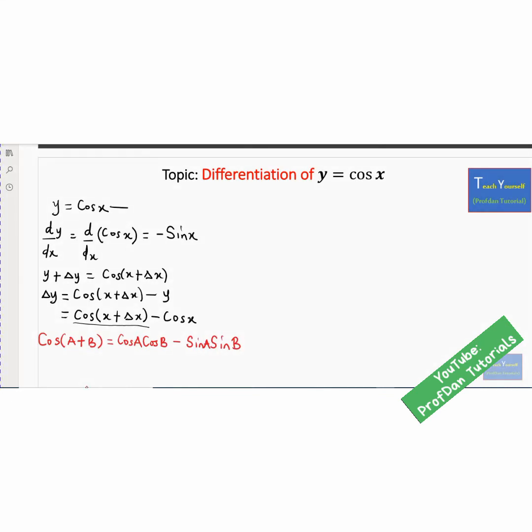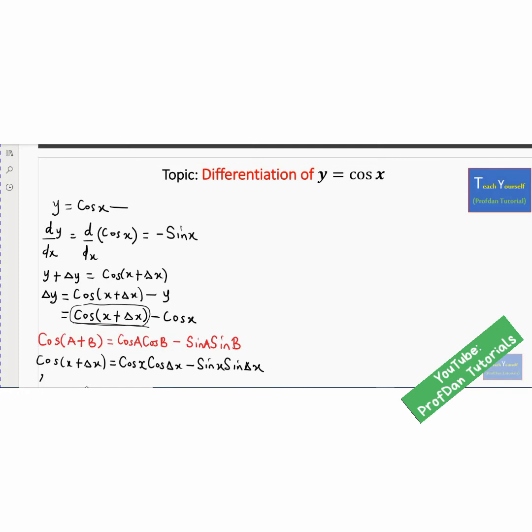So if we apply that to this first term here, cos of x plus delta x will give us cos x cos delta x minus sine x sine delta x.